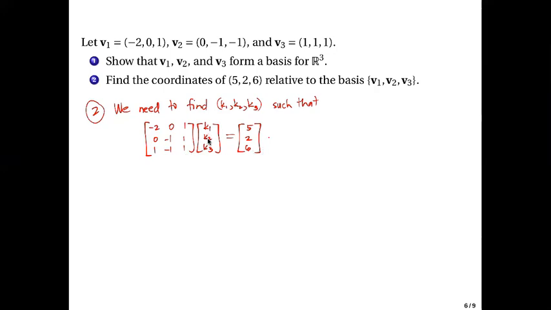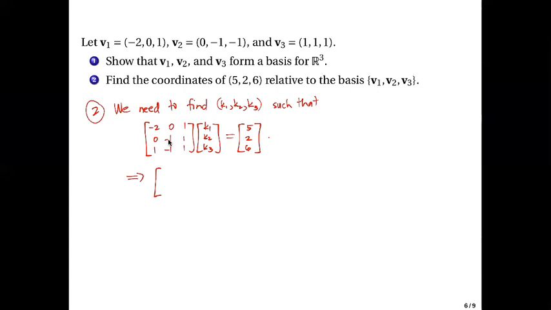And the solution K1, K2, and K3 can be obtained by multiplying both sides of the equation by the inverse of this. Okay? That's one way. We need to find the inverse of this.